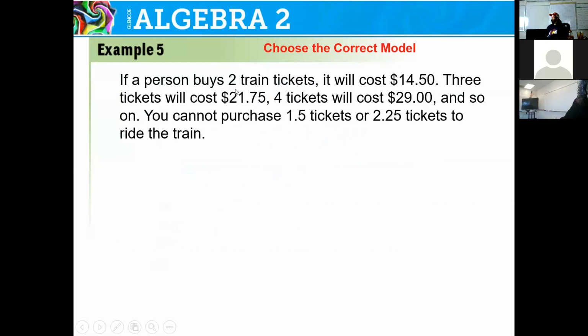If a person buys 2 train tickets, it will cost $14.50. 3 train tickets will cost $21.75. 4 train tickets, $29, and so on. You cannot purchase 1.5 tickets or 2.25 tickets to ride the train. That's saying we can't have pieces of rides, only whole rides.